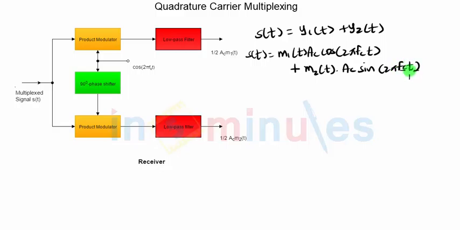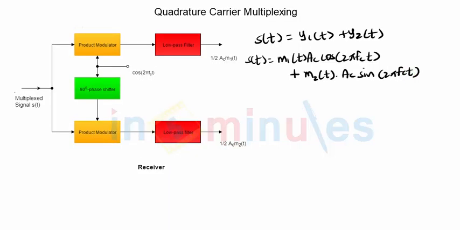So now you can see we are again using product modulators on the receiver side also. Once again, these product modulators will be nothing but balanced modulators. You may also call them product demodulators because they are used on the receiver side, but the actual circuit that we will use in both the blocks remains exactly the same. Now we are once again giving cos 2 pi fct, the cosine form of the carrier, to the first product modulator.